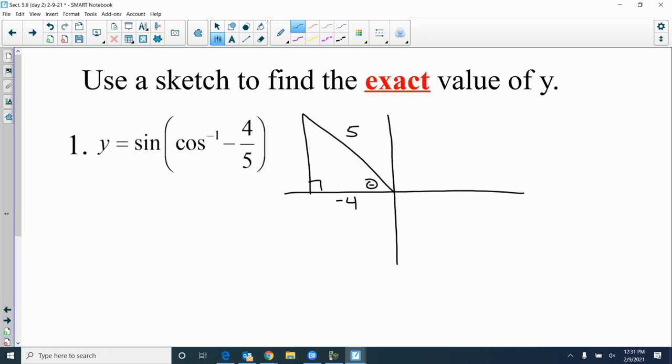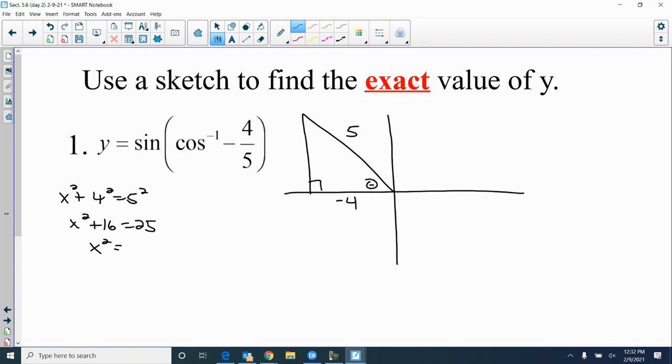Now, I want the sine of that angle. Sine is always the opposite over hypotenuse. You've got to figure out what that opposite side is and then go from there. x squared plus 4 squared equals 5 squared.